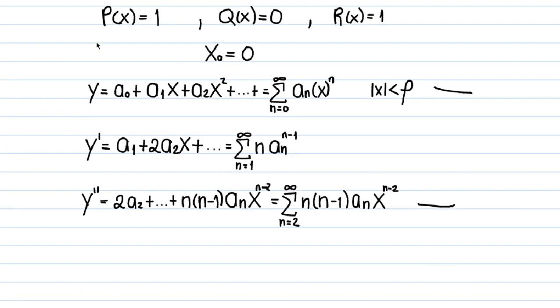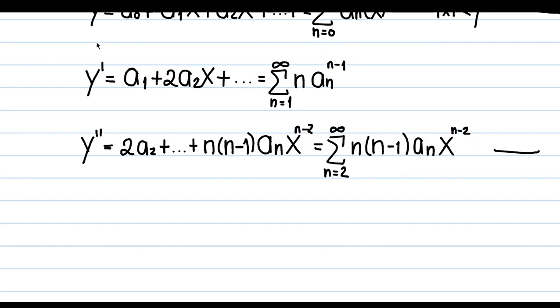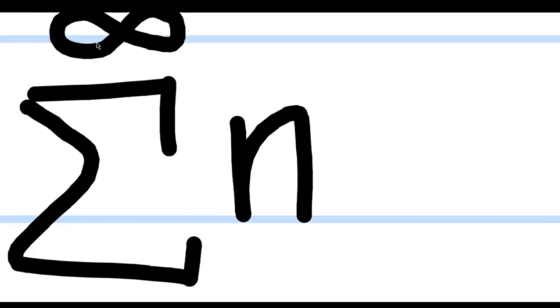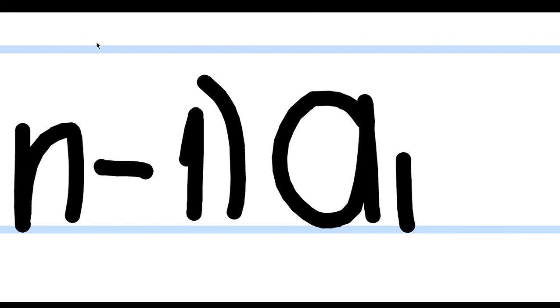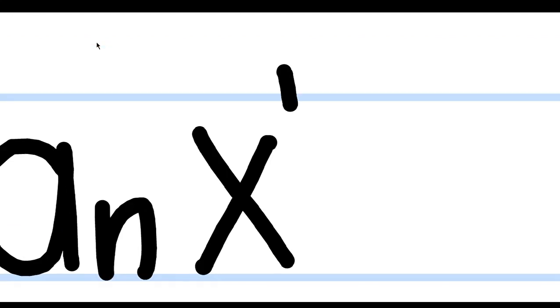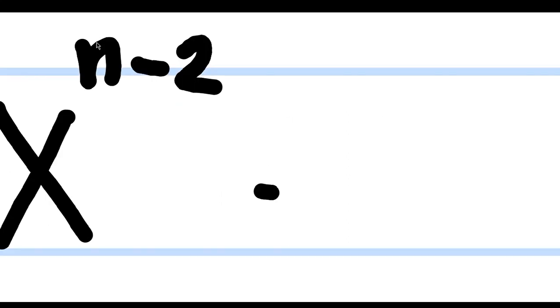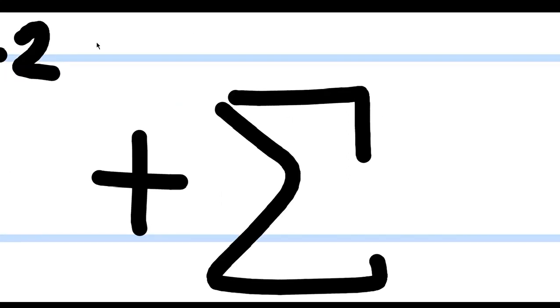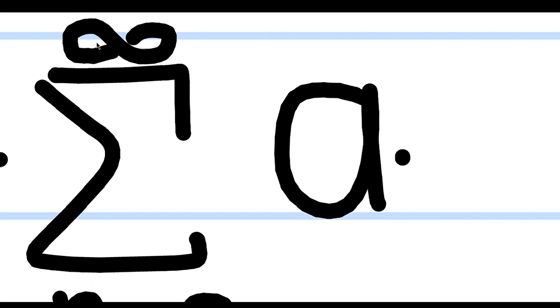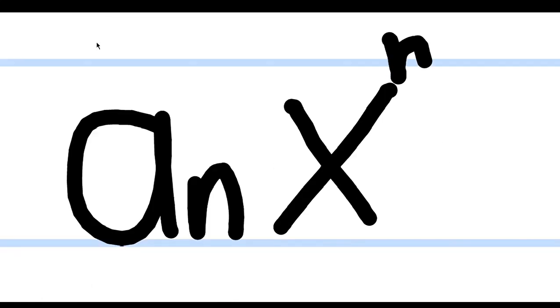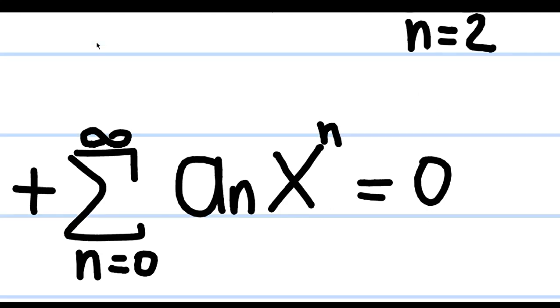So we have the series which starts at n equal to 2 until infinity of n times n minus 1 a sub n x to the power of n minus 2, plus the series which starts at n equal to 0 of a sub n times x to the power of n, and this is equal to 0.